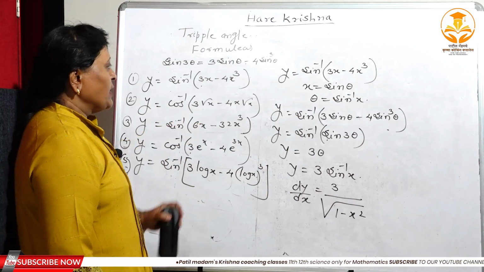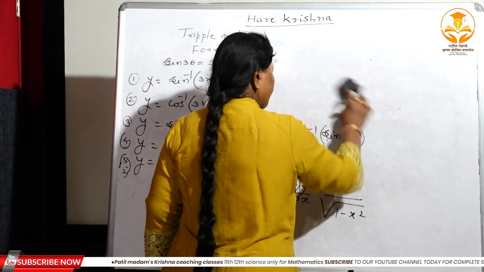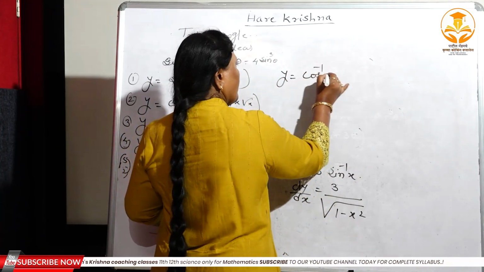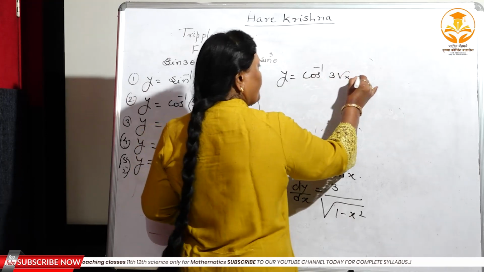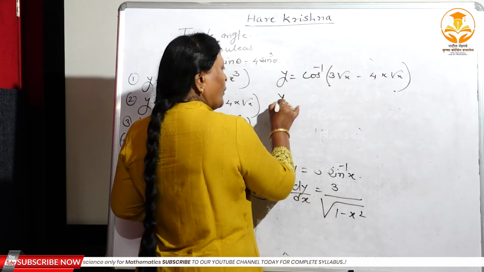Again if you observe the second one, see here the second one, y is equal to cos inverse of 3 root x minus 4x root x, right? Now see, what can you do?